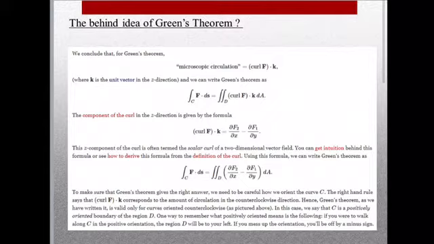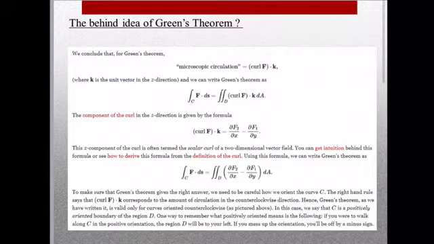Besides, the component of the curl in the z direction is given by the formula curl F·k equal to the derivative of F2 over the derivative of x minus the derivative of F1 over the derivative of y. The z component of the curl is also termed the scalar curl of the two-dimensional vector field.